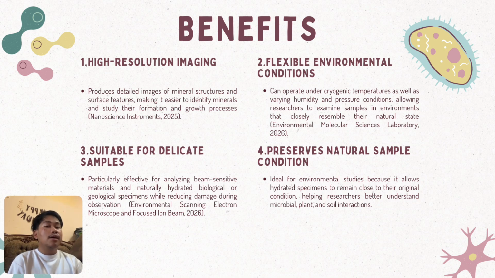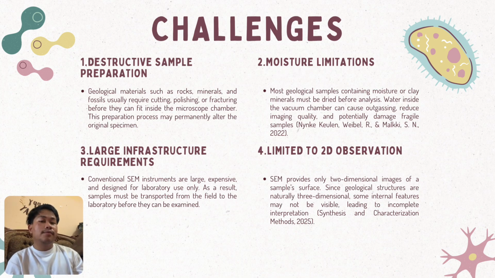research results. Despite its advantages, electron microscopy also has several limitations. First, sample preparation can be destructive because geological samples often need to be cut, polished, or coated before observation. Second, many samples must be completely dry, since moisture can affect image quality inside the vacuum chamber.